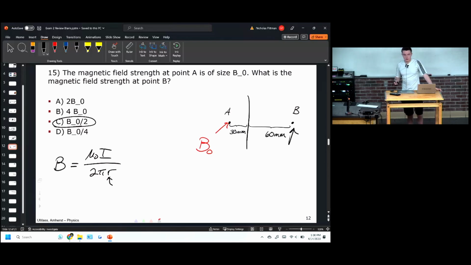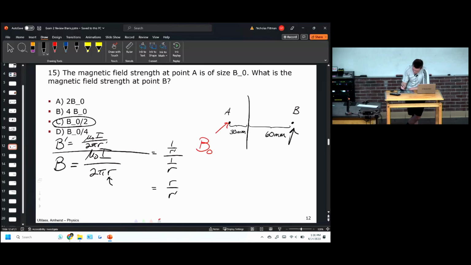If you wanted to do it the way we did on the last slide, where you write out the equation post changing the distance, you can again divide these two equations by each other. And the only thing that's changed is r, so every other number cancels out. So b prime over b is 1 over r prime over 1 over r, which is r over r prime.